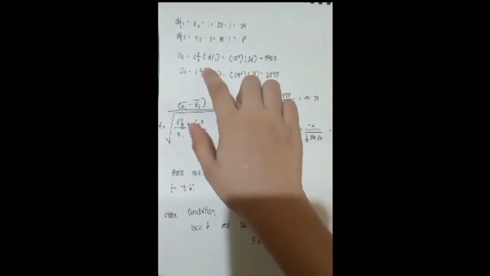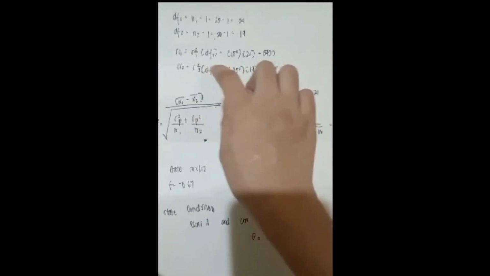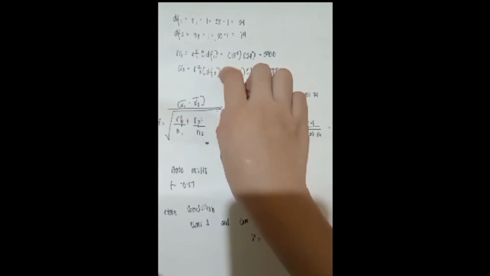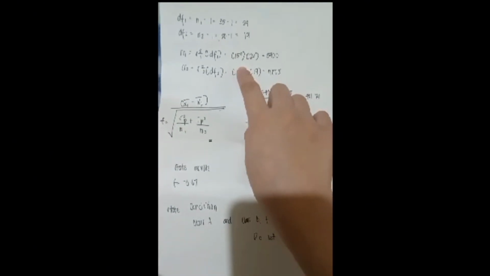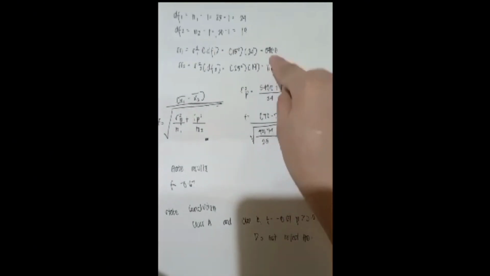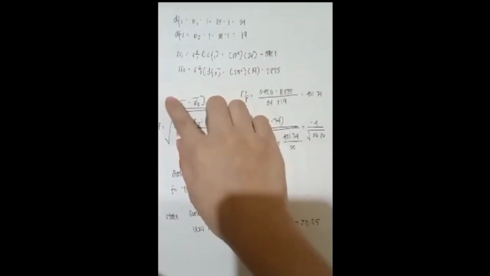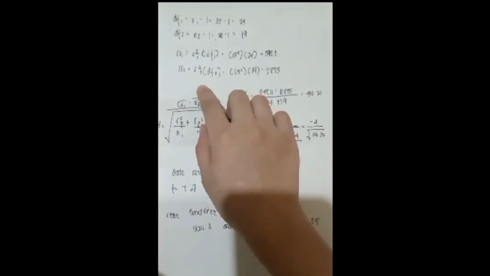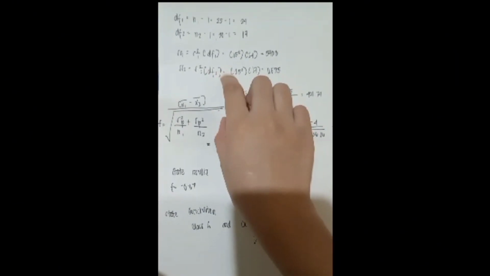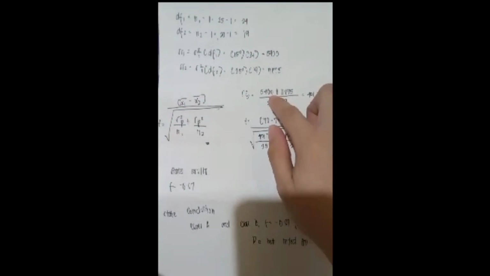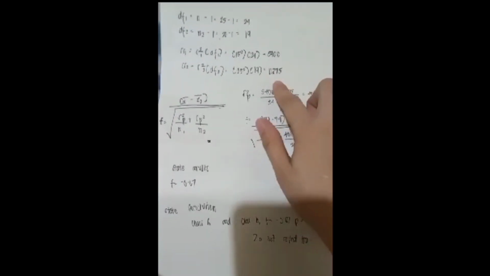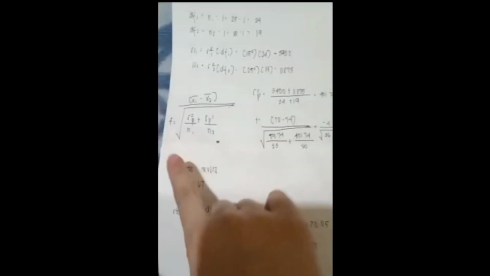SS1 is equal to s1 squared times df1, equals 15 squared times 24, which is equal to 5,400. SS2 is equal to s2 squared times df2, equals 25 squared times 19, which is equal to 11,875.